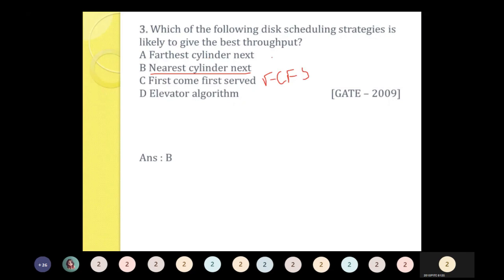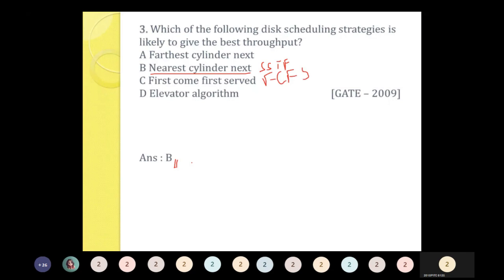Here, nearest cylinder next means SSTF, shortest seek time first. So you have to choose this. Answer B is my answer. For the best throughput, compared to all the other scheduling algorithms, SSTF will give the best throughput.